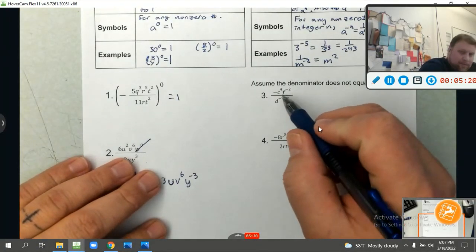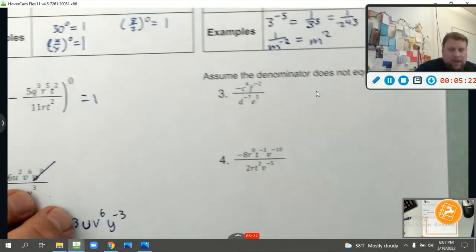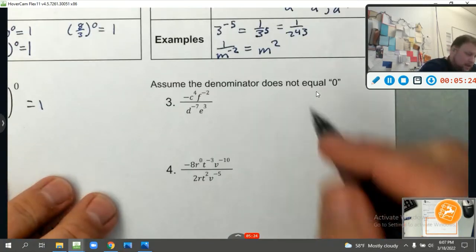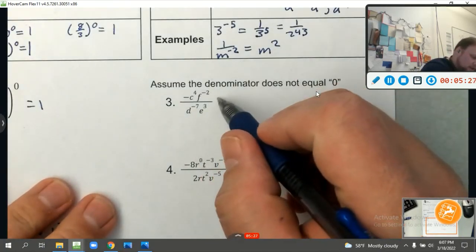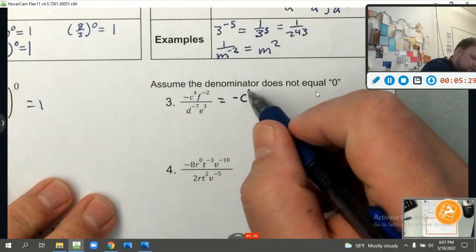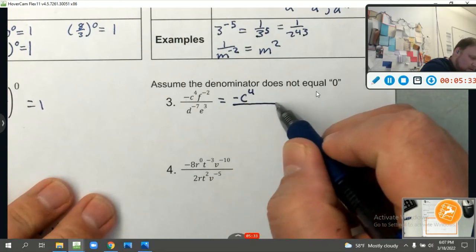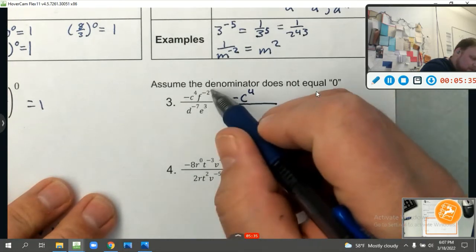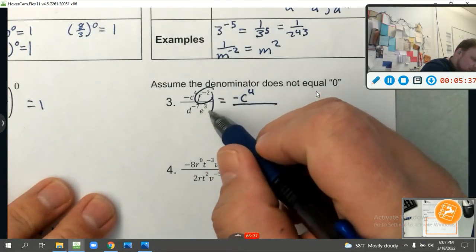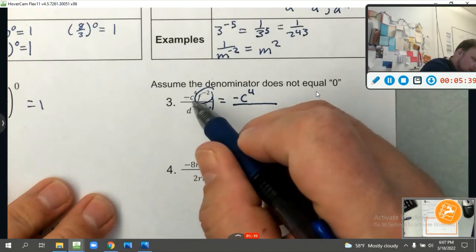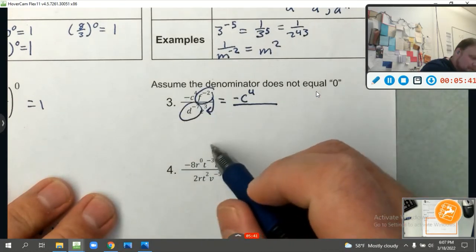So right here, I'm going to zoom in. Keep in mind, the negative on the c affects nothing. So this is still negative c to the fourth all over. But that f to the negative 2, this is going to go down here. And notice on the denominator we have d to the negative 7.